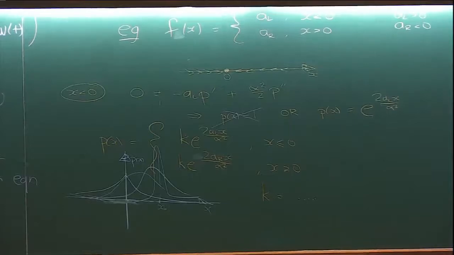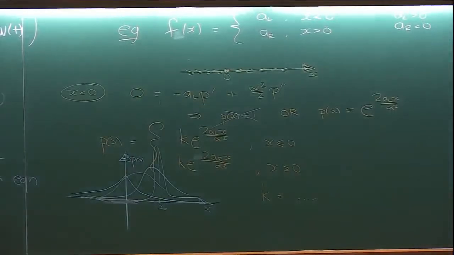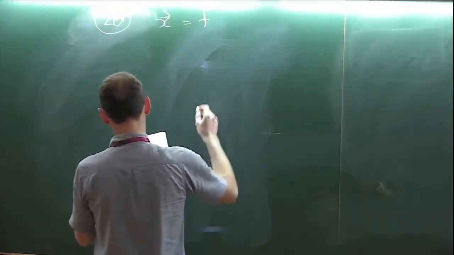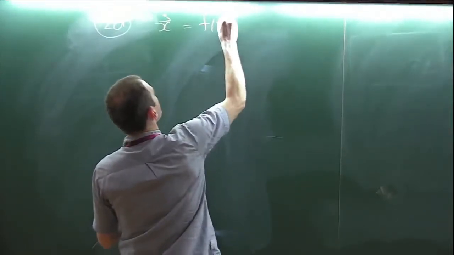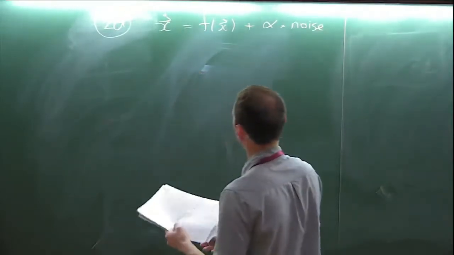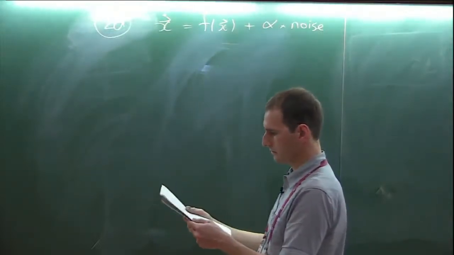Okay, so let's do the same thing in 2 dimensions. I'll use my white chalk for some general comments. Now we'll suppose that F is a 2-dimensional nonlinear vector field.